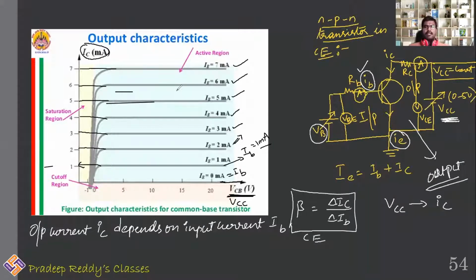The output characteristics of a junction transistor have 3 regions in the graph. One is the saturation region, another is the cutoff region, and the other is the active region. The saturation region is where both the junctions are in forward bias.